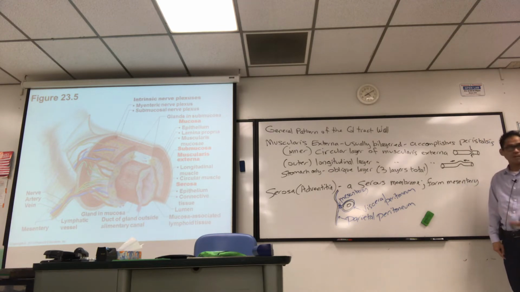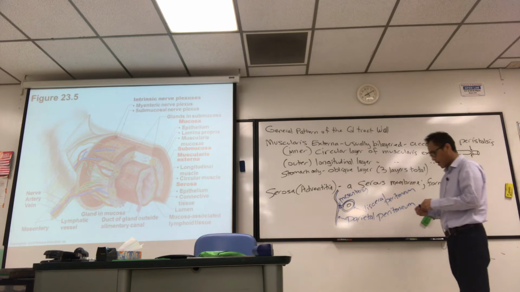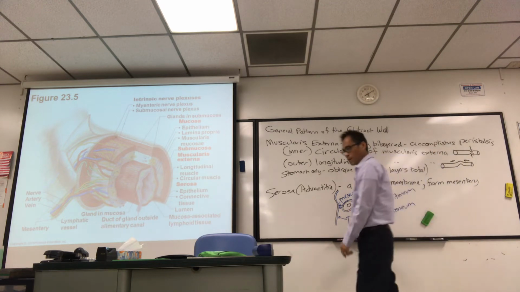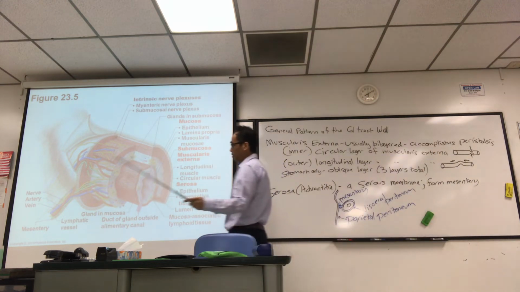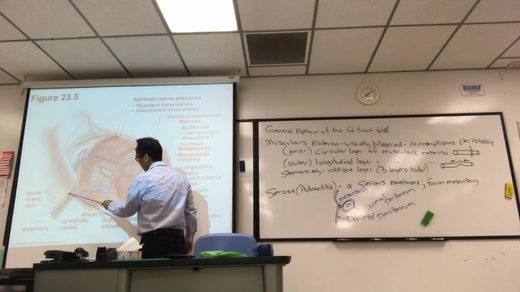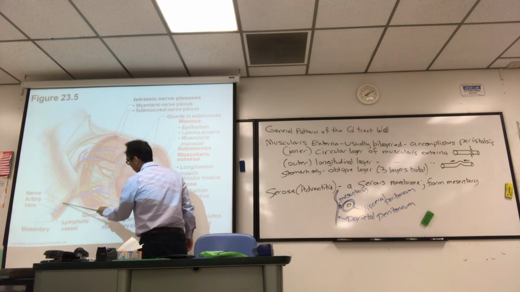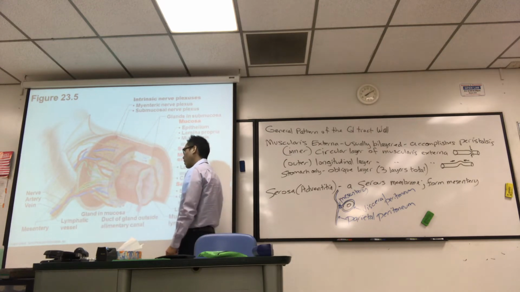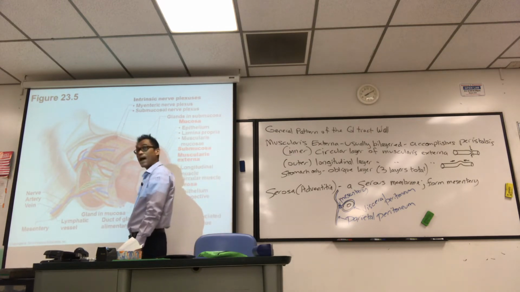It's that outermost layer. And you can see on the figure, it wraps all the way around, and where it pinches on this side here, it's the mesentery. And you can also see that the mesentery aren't empty. The double membrane contains nerve, artery, vein, and lymphatics.